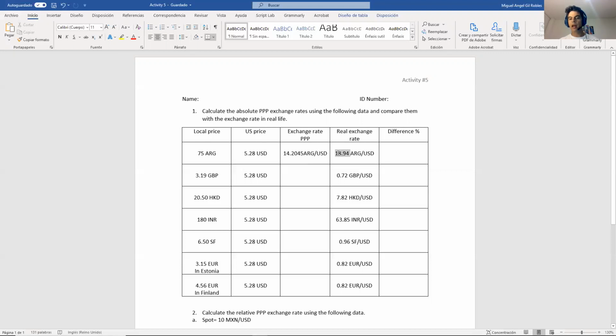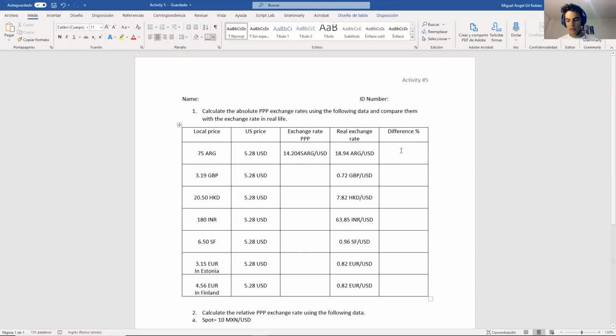This is the market exchange rate, and this is the theoretical one. And I am asking you, what's the difference between the market and the theory? So the easiest way to do it is to do 18 minus 14 over 18, just as simple as that.